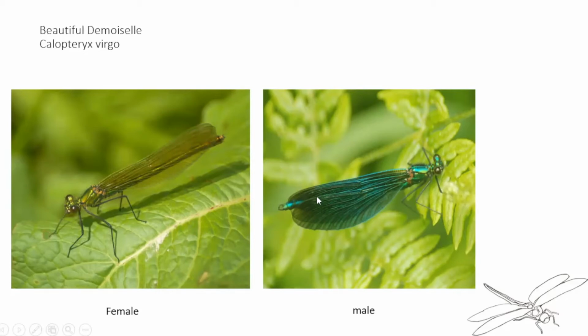So we've lost the wing spot. That puts us with this damselfly as being pre 250 million years ago, heading back to 300 million years ago. It's a direct descendant of those very, very early ones.